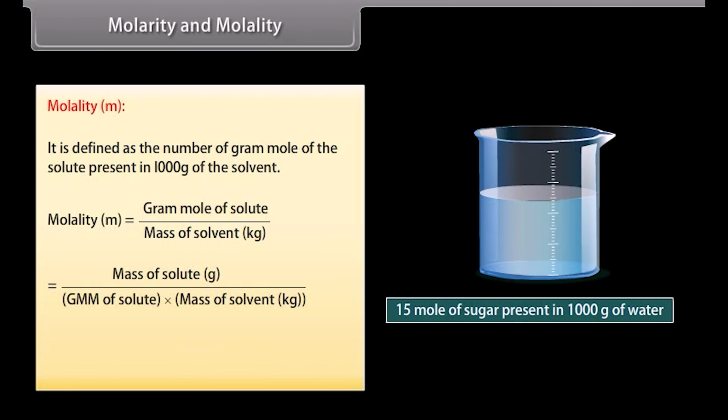Mathematically, molality is represented by small m is equal to Wb in grams divided by the product of gram mole mass of B and Wa in kilogram. A solution containing 1 mole of solute per 1000 gram of solvent has molality equal to 1 and is called a molal solution.